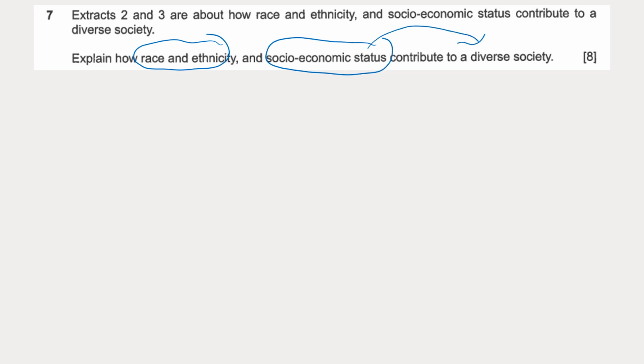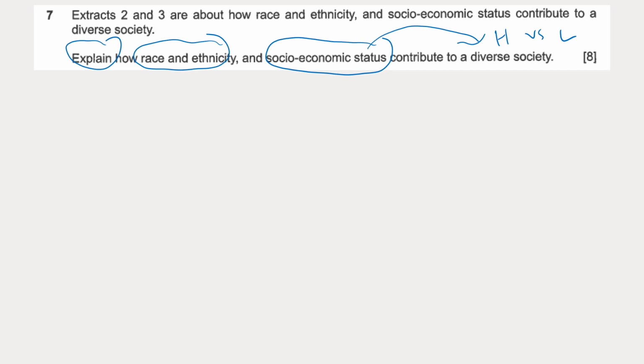Now, I want you to remember, if in the N level you are left with only a few more minutes, then you decide. Be very mindful, it is an explain question. That means I need to look for the link. So even if you tell me, for example, that socioeconomic status is the only thing you know, how does a society that has both higher income as well as lower income lead to a diverse society?